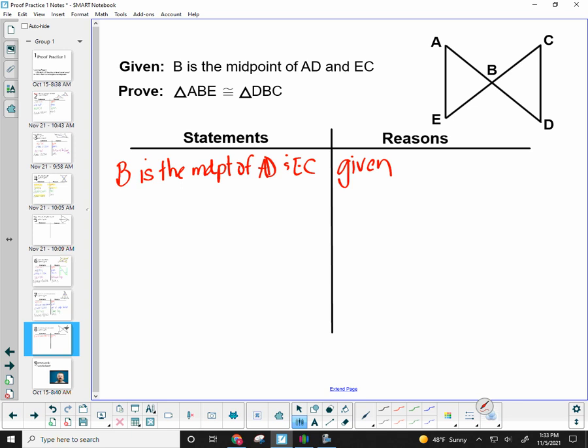Okay, so we recognize these two angles here. These are our vertical angles, right? So we know angle ABE is congruent to angle DBC because of the vertical angle conjecture.